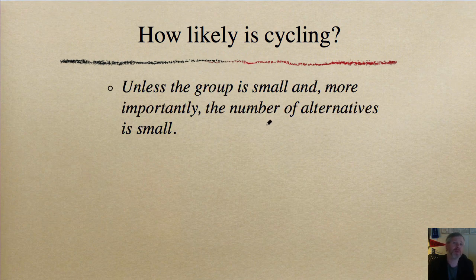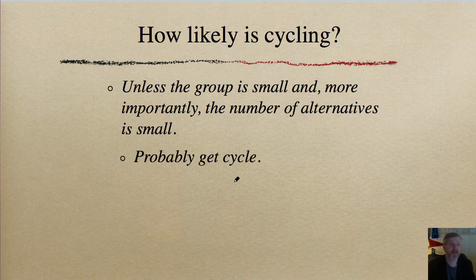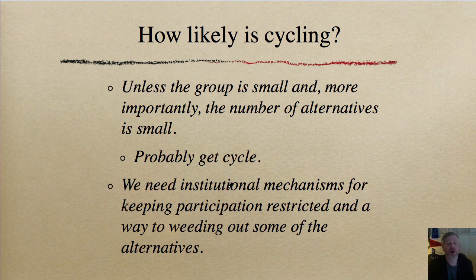So unless a group is small, and more importantly, the number of alternatives is small, then you'll probably get a vote cycle. It's likely that you will, indeed. All right. So we need institutional mechanisms for keeping participation restricted and a way to weed out some of the alternatives. So if we can restrict the number of choices and restrict the number of voters, then we're less likely to get a cycle.